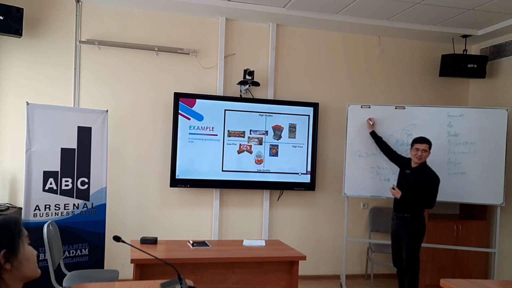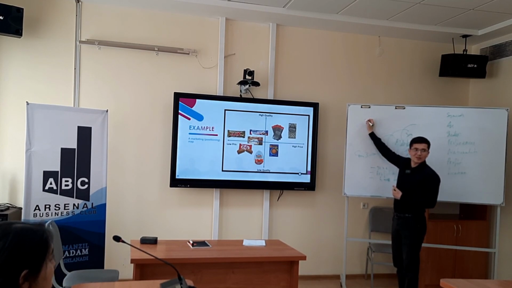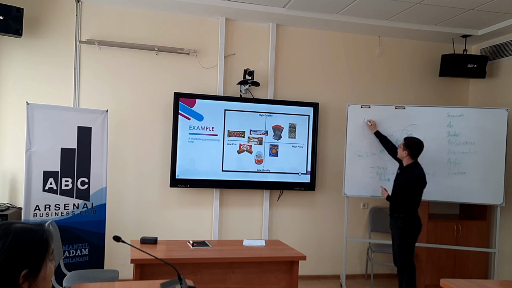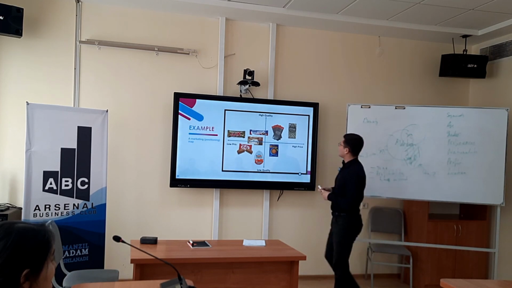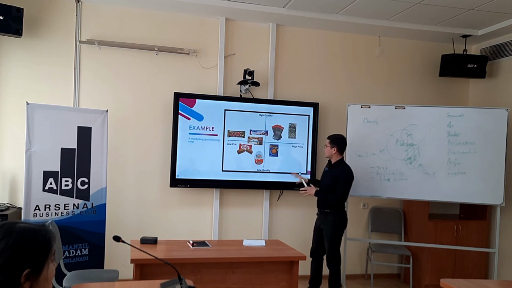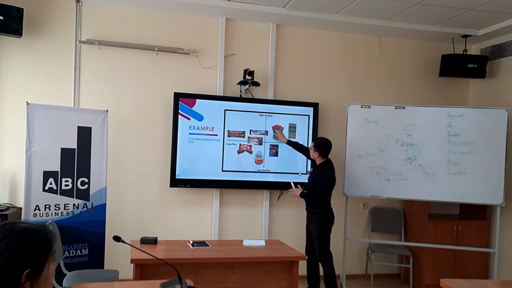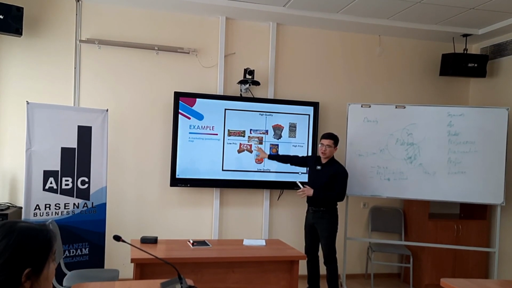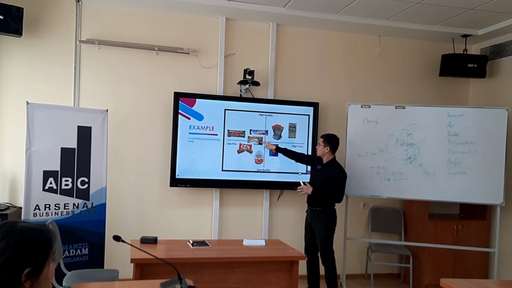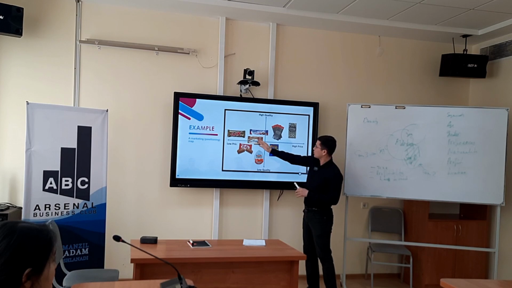Let's name the chocolate. Any ideas? Bounty? But we already have Bounty. Okay, so Bounty. We should place this product somewhere here or here because other places are already occupied. If we choose this place, for example, it's already occupied by Galaxy.